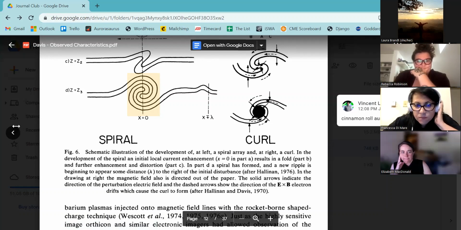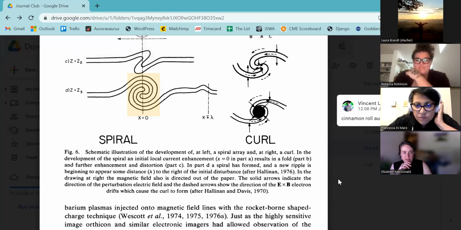And I went through some of my photos and I could see the difference, like the huge spirals did look different than the small curls. Yeah, that's this next figure 7, especially, that's nicely labeled.